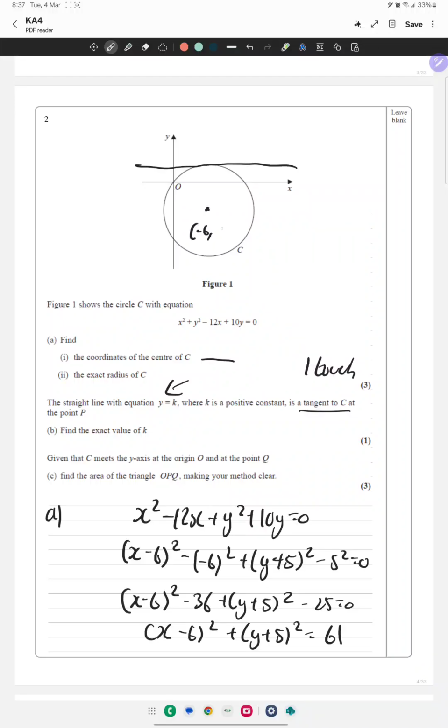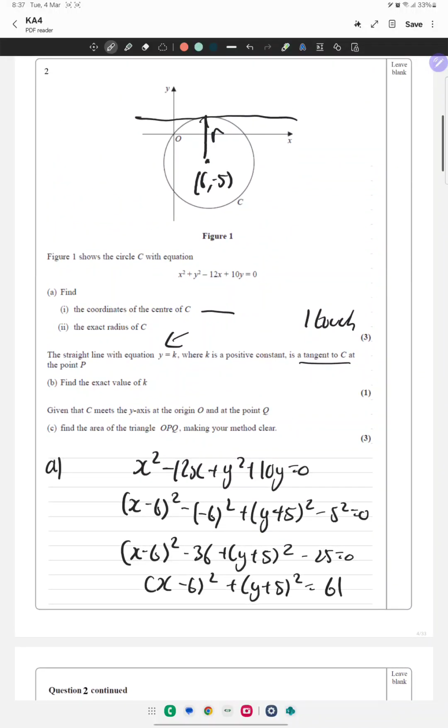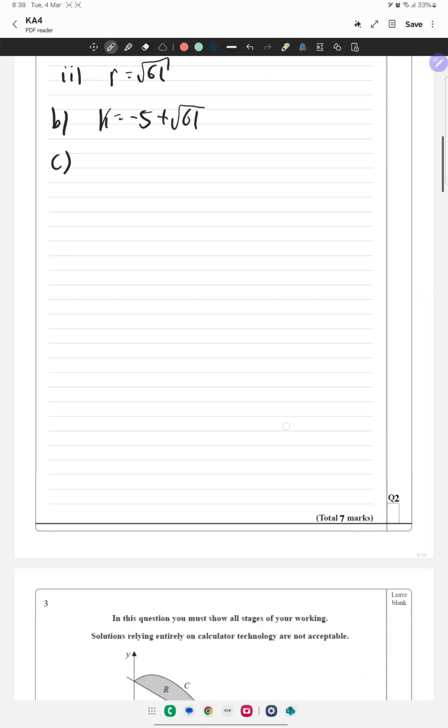Plus 6, minus 5. Now, this line is going to be the radius above that. So it's just going to be the y coordinate of that point up here plus the radius. Okay.